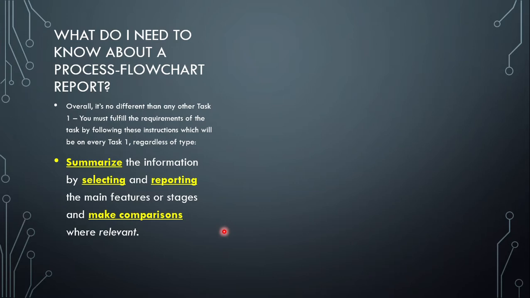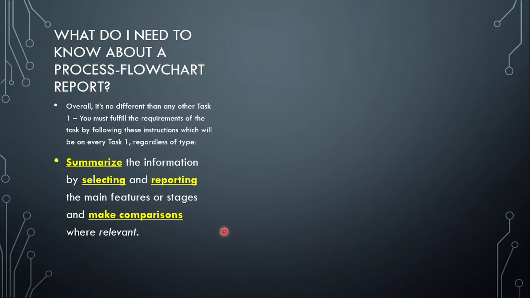Summarize means to take the most important information and present it in as few words as possible. Any repetition that you're doing, any words that aren't needed, any words that you put in there just to make yourself sound smart or well-versed in English, count against you.